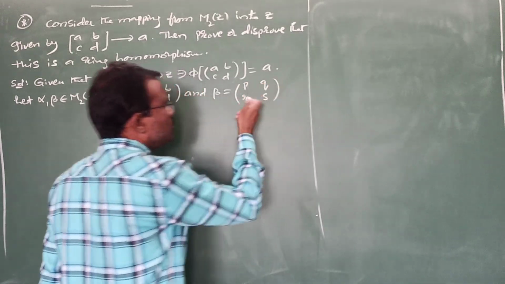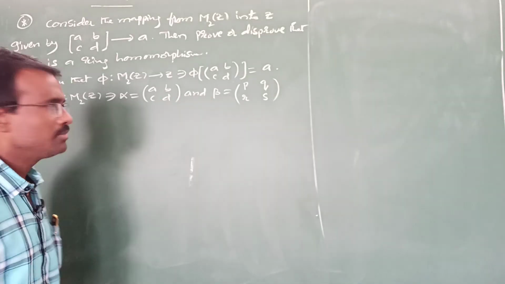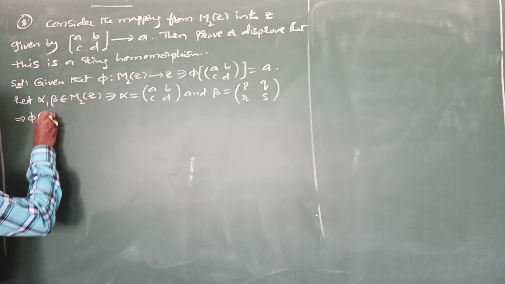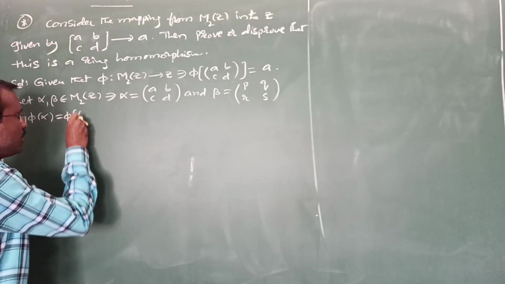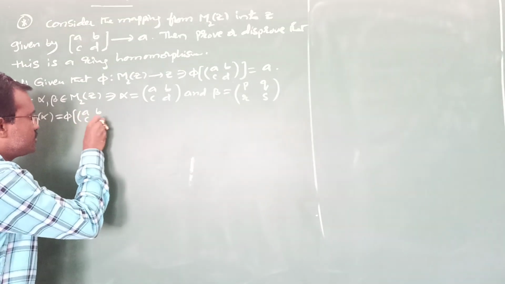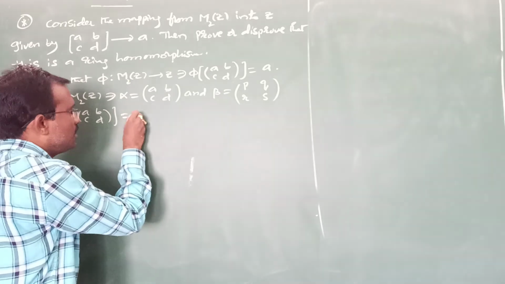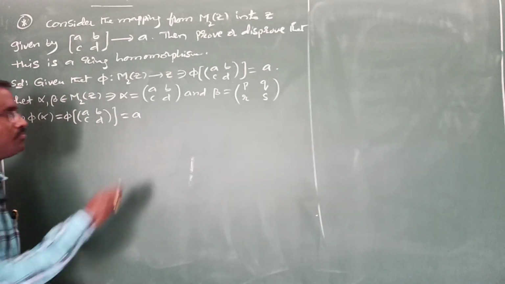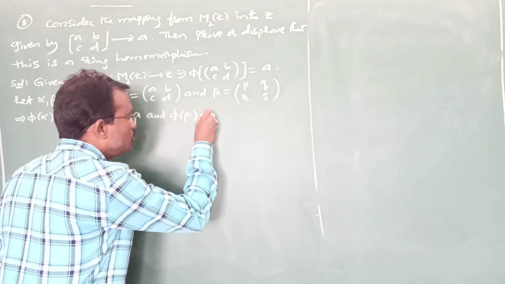Any notations you can use here, right? This is alpha and this is beta. Now separately find phi of alpha and phi of beta. Phi of alpha is phi of this matrix a, b, c, d, which gives the first element a. That means phi of alpha is a.